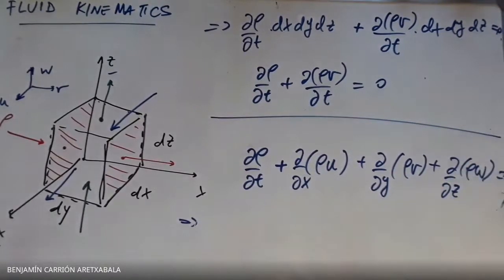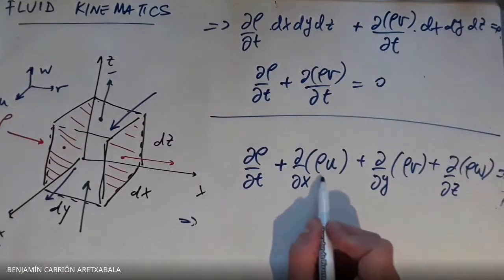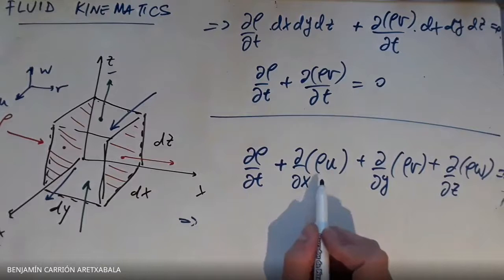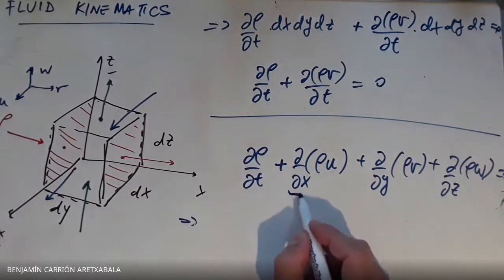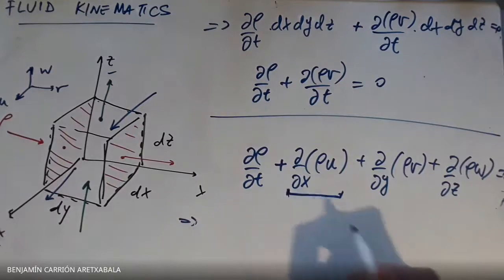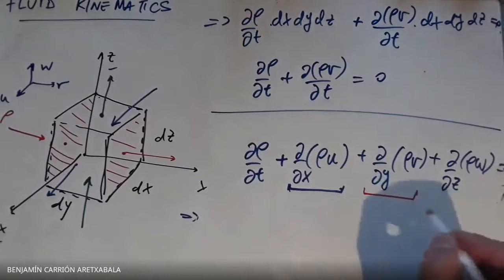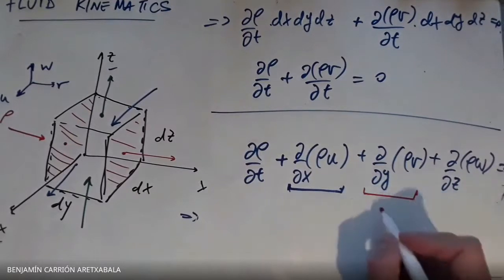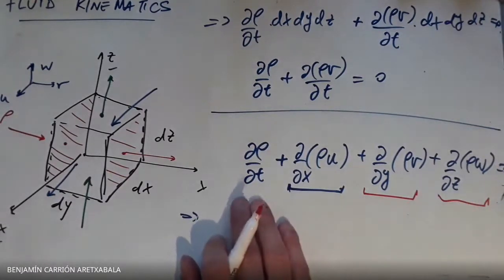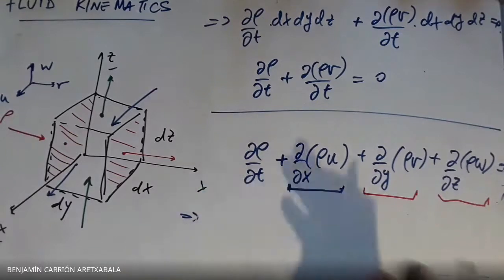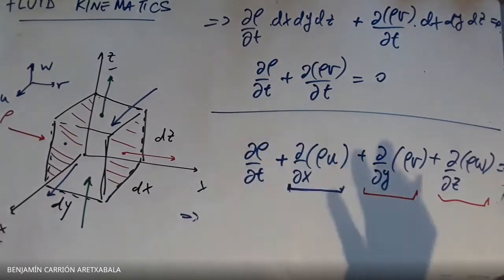This should be 0. And you can think of rho u as the flow of mass in the x direction. So this is the rate of change. This is the difference between what's coming in and what's going out in x. This is the difference between what's entering and getting out in y, and the same in z. So the sum of all of these differences has to be the total change in density, and density over a volume is just the mass.